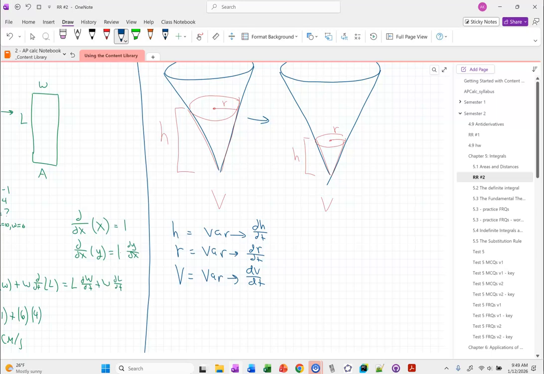If we read this, it says the height of the water is decreasing at an unknown amount. The radius is decreasing at 1. And the volume is decreasing by 8. And we want to know how fast is that height decreasing when the volume is 8 pi. Oh, 8 pi, thank you.